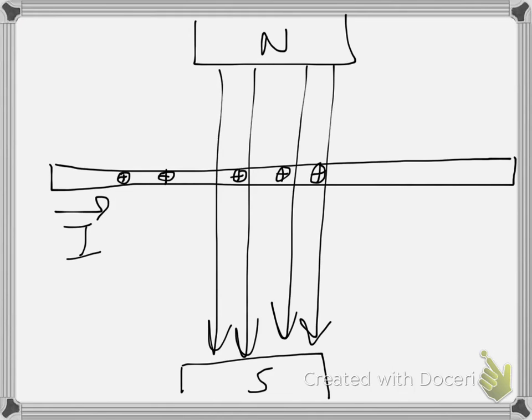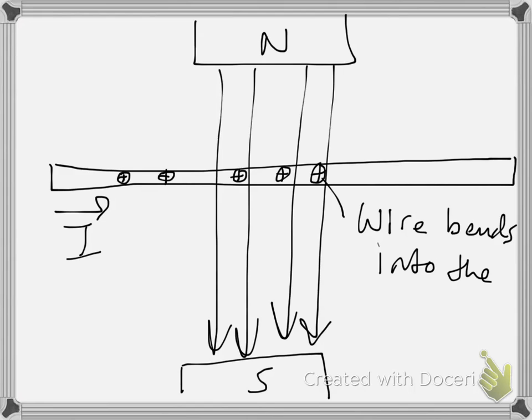And so the net effect would cause a deflection. How would it cause a deflection? Well, before we said that this would be into the screen, and that's the effect that we would see here. The wire would be bent into the screen.